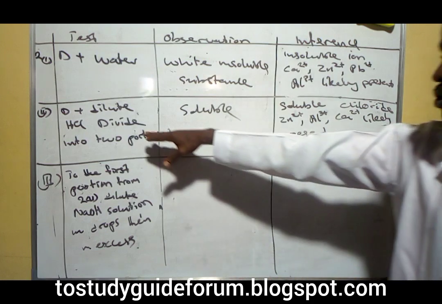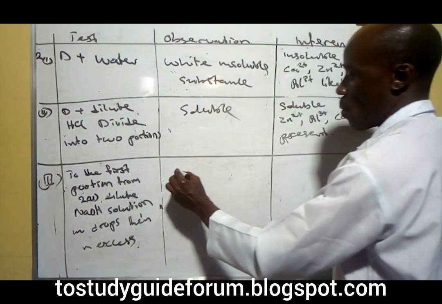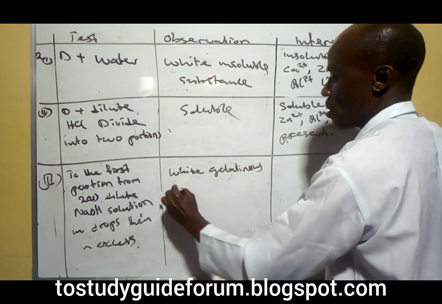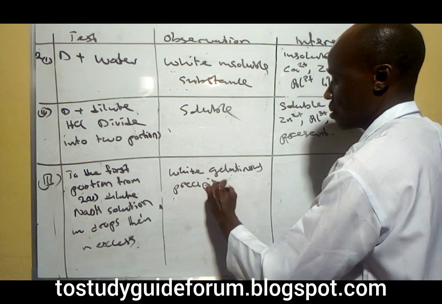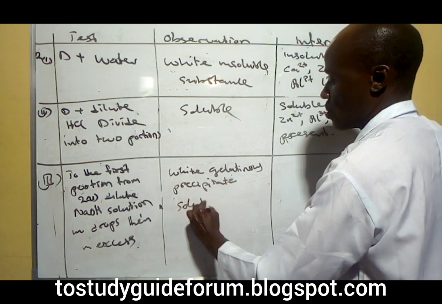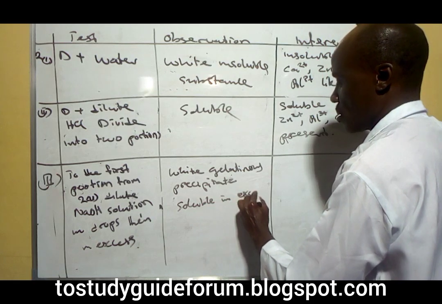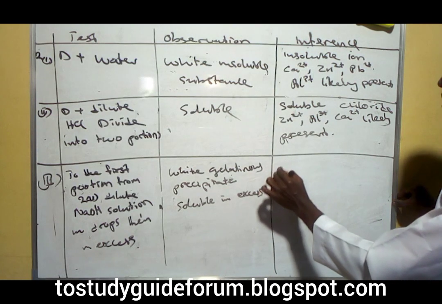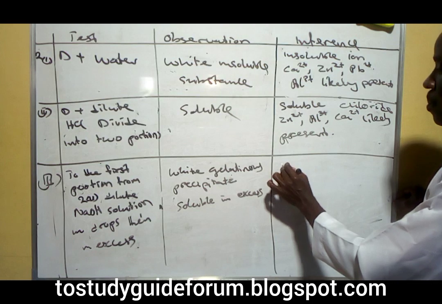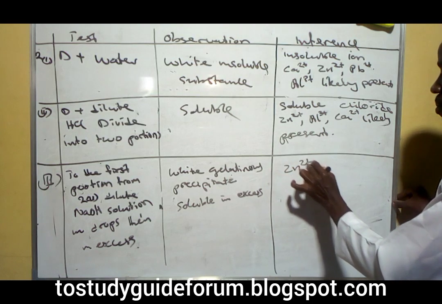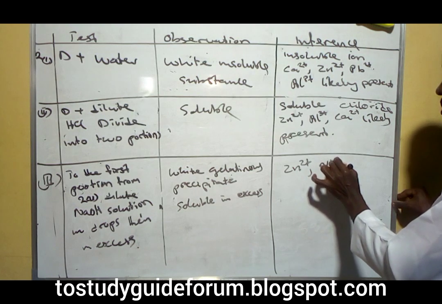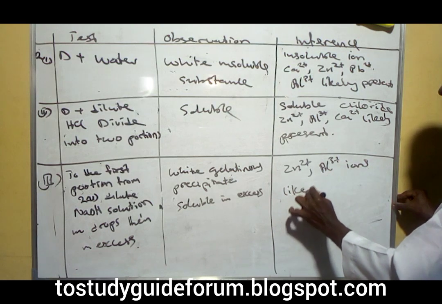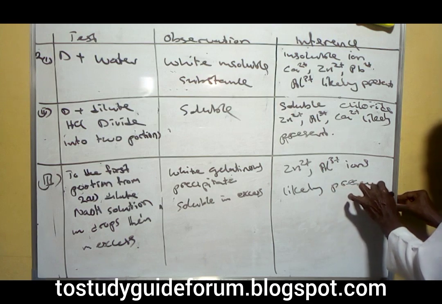To the first portion, we add dilute sodium hydroxide. We have a white gelatinous precipitate, soluble in excess, meaning that zinc ions and aluminium ions are likely present.